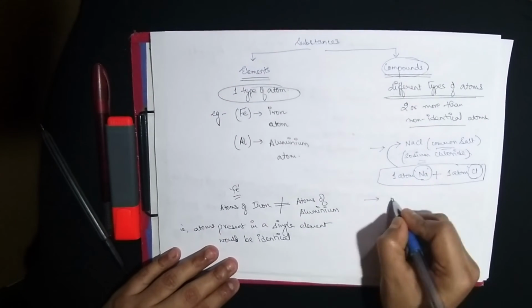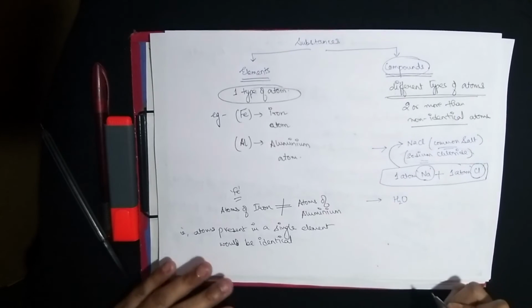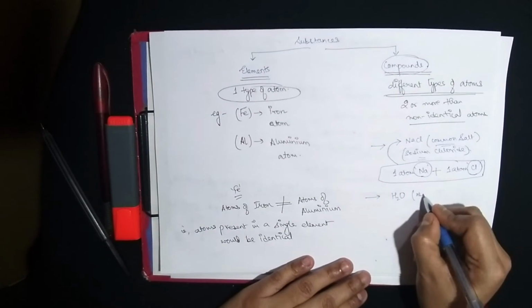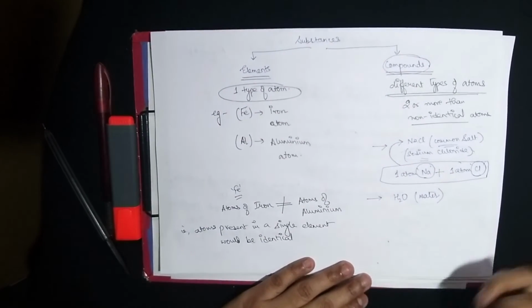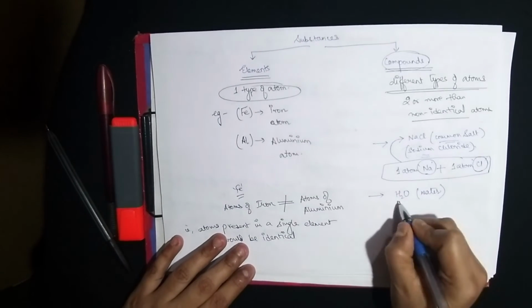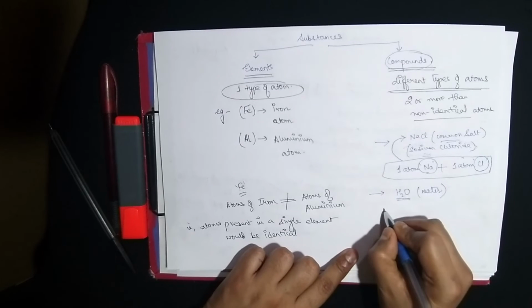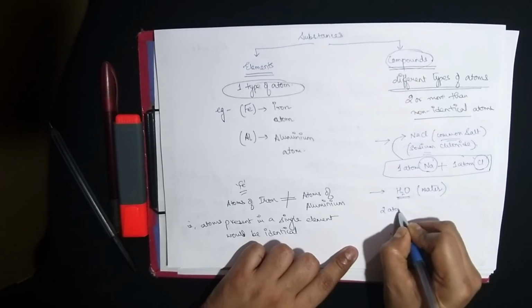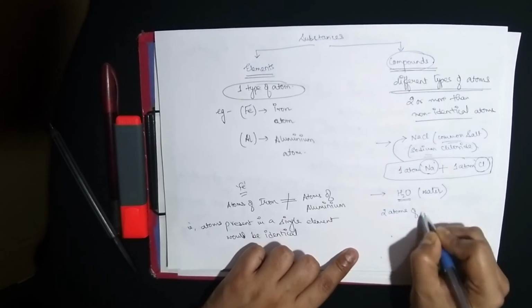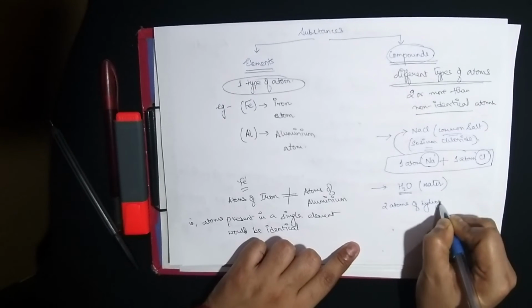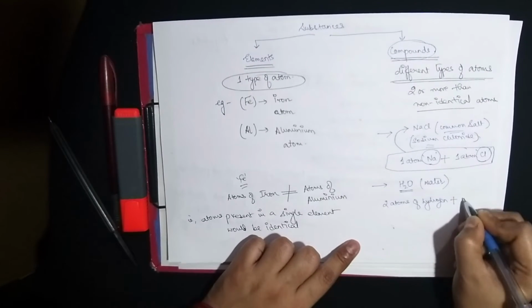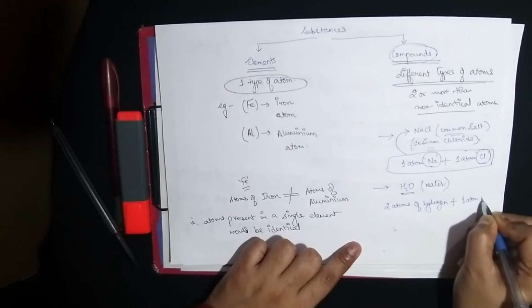Second example is your water, which we drink. Water is H2O. Why is H2O a compound? Because it comprises two identical atoms of hydrogen plus one atom of oxygen.